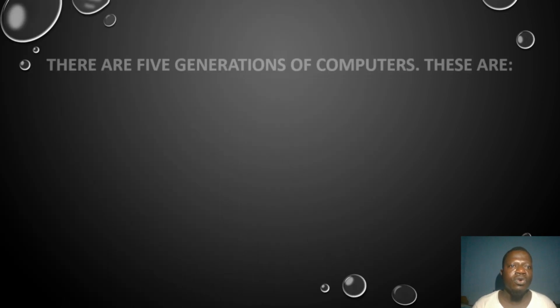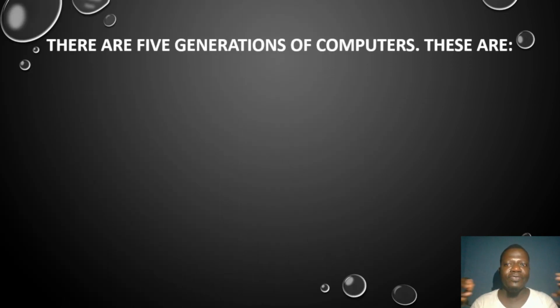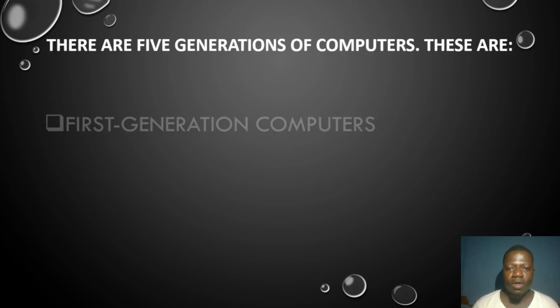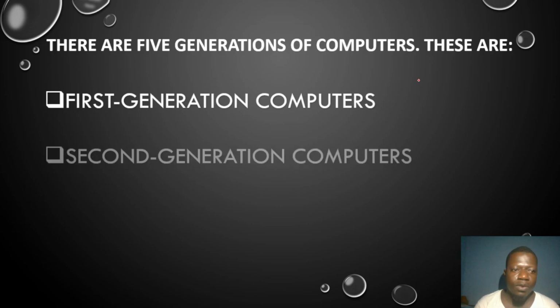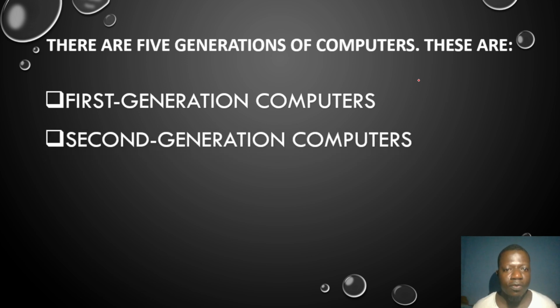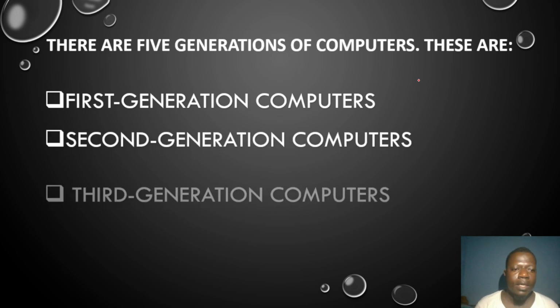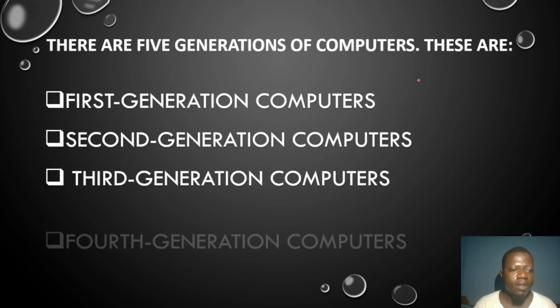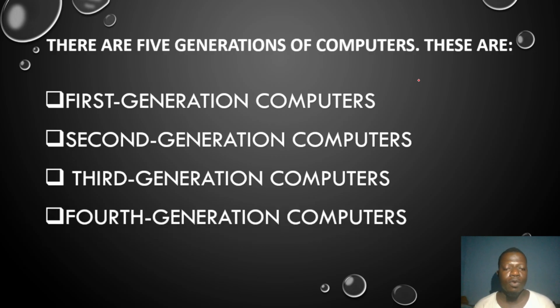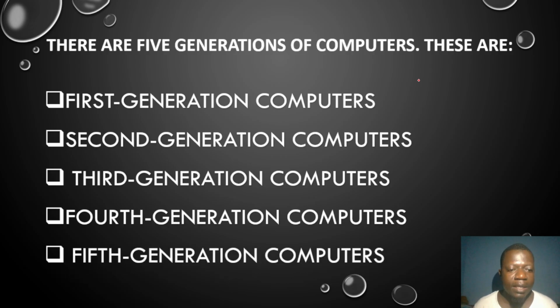So let's move on to look at the various stages of development, which we are calling generations of computers, and see how many we have. The first one is the first generation of computers, and then we have the second generation, the third generation, the fourth generation, and finally the fifth generation of computers.